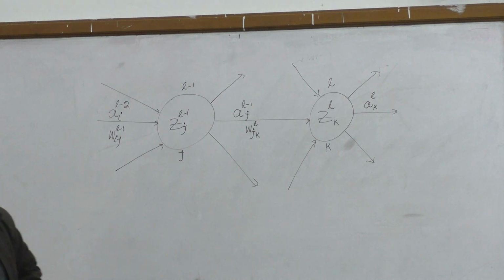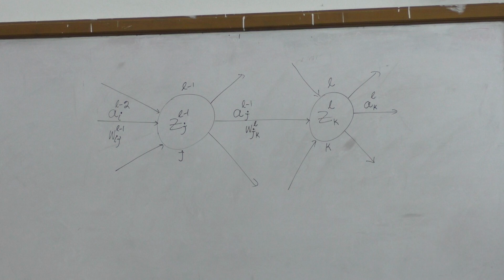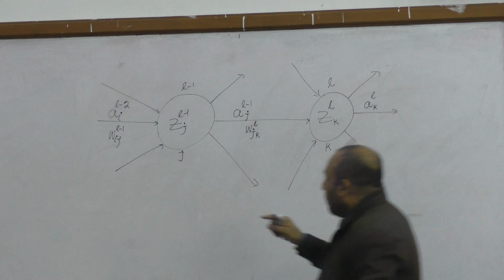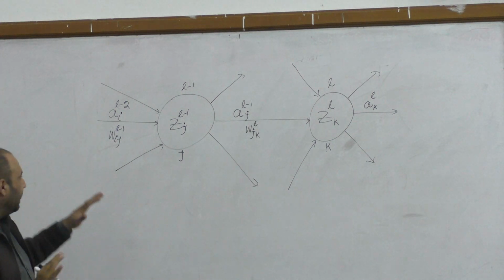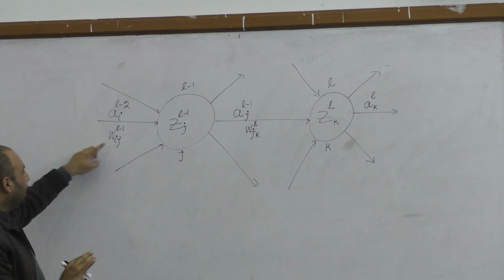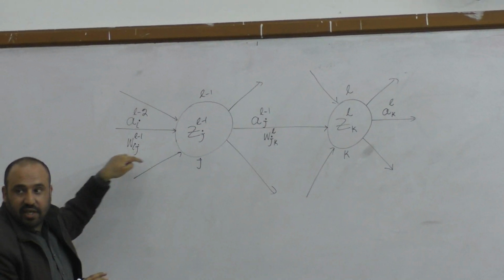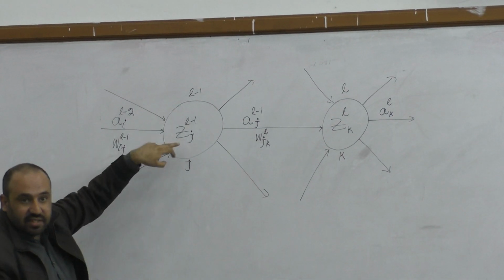Digest this diagram and then we will move towards computing the details. This Wij L-1 is the following thing. I means the previous neuron is I, J means the next neuron is J, and layer L-1, this is the weight of this layer and this layer.